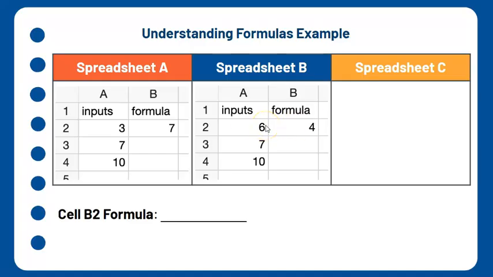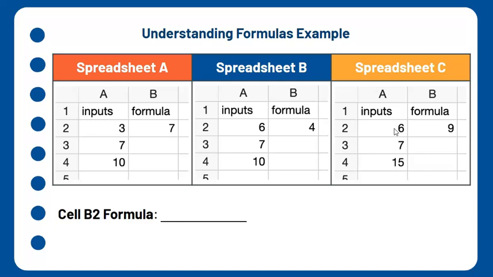One of our guesses from earlier, that cell B2 is the same as cell A3, is not possible, since A3 did not change, but cell B2 did. Our other guess from earlier, that cell B2 is equal to A4 minus A2, is possible, since 10 minus 3 is 7, and 10 minus 6 is 4.